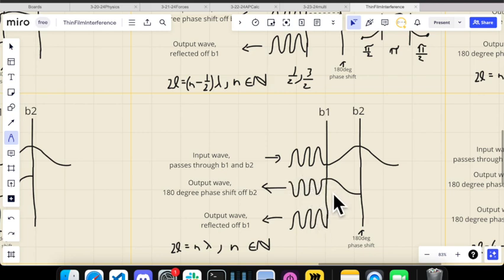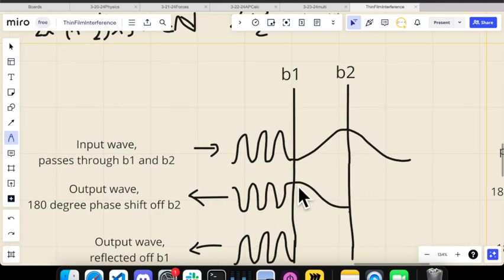And so we want the output to be 180 degrees off of that. And so that means whatever wave we draw in here, we want it to end up at this crest and to cancel out with this trough.